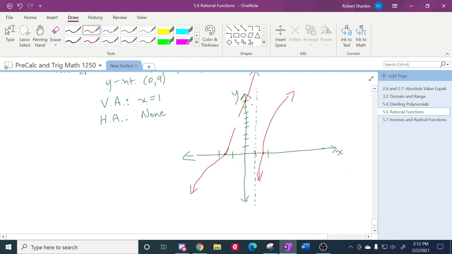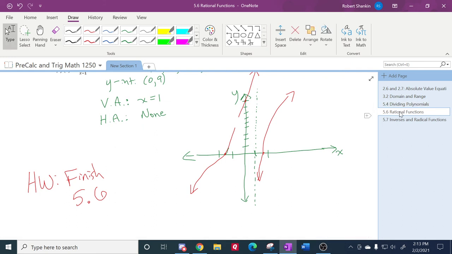Alright, so the homework. The only homework is to finish the section 5.6. Now, the schedule says that today we were supposed to be doing inverse and radical functions, but it just took us longer to get through 5.6.